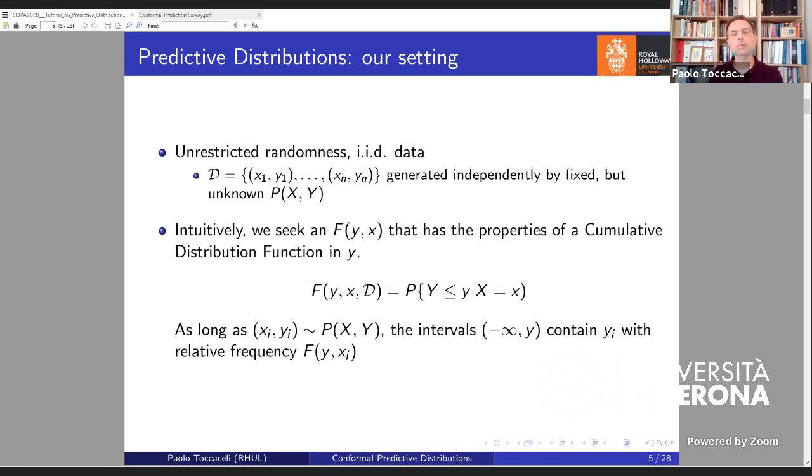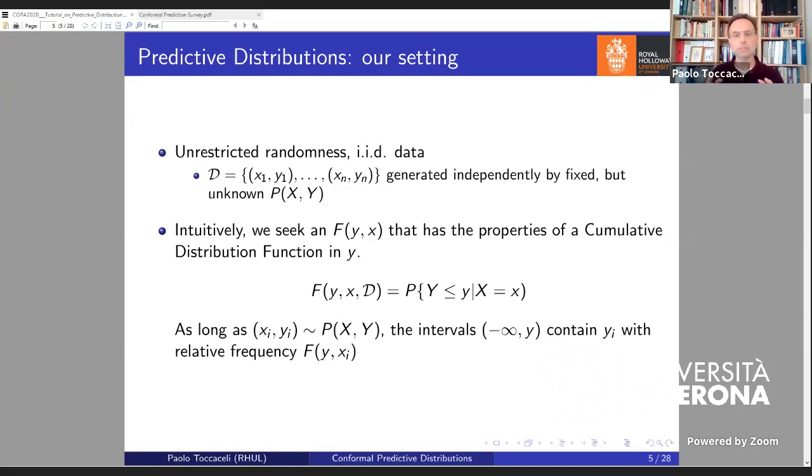In intuitive terms, we seek a function f of y and x given the data set D that has the properties of a cumulative distribution function. So we want a function that expresses the probability that the random variable y be less than a given value, lowercase y, given that the random variable x takes the value lowercase x.